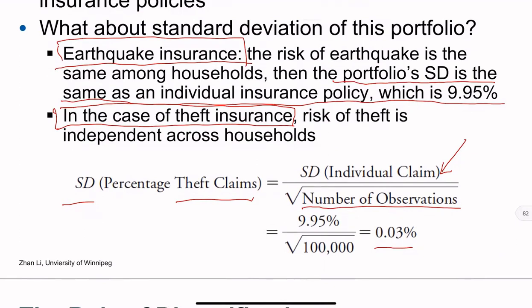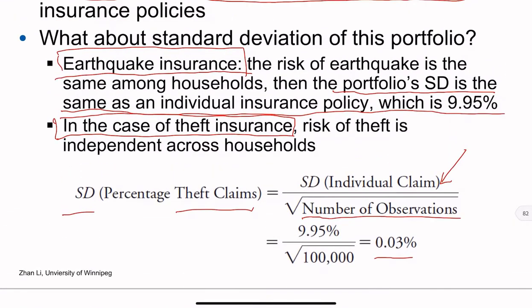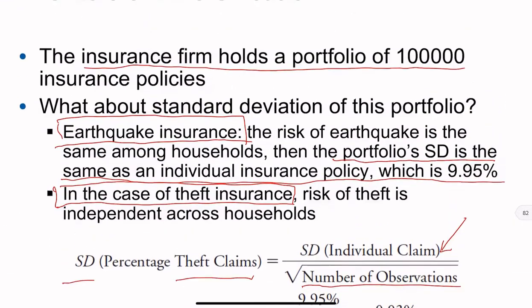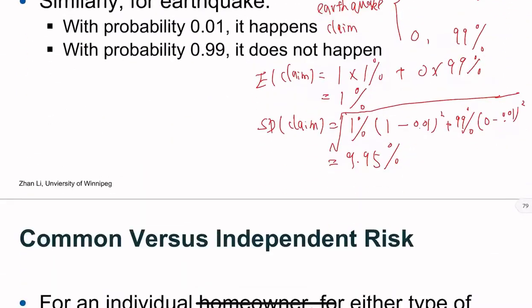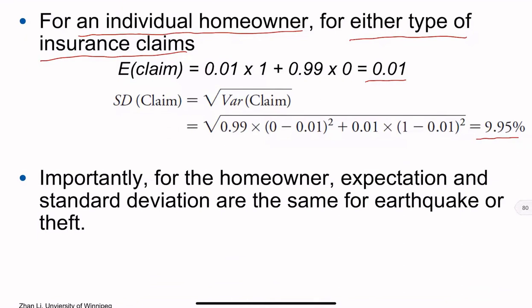Now let's summarize our finding, right? So basically, we find out if you just examine the expectation and standard deviation of claim from an individual homeowner's perspective, you will get the same result.